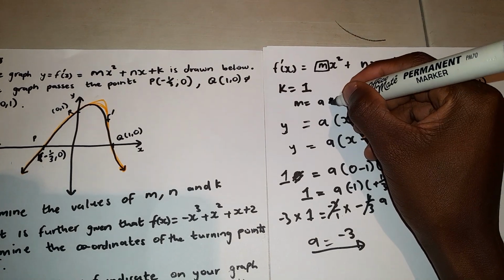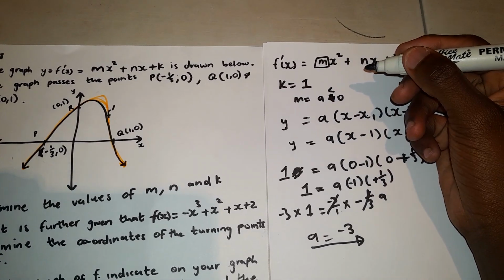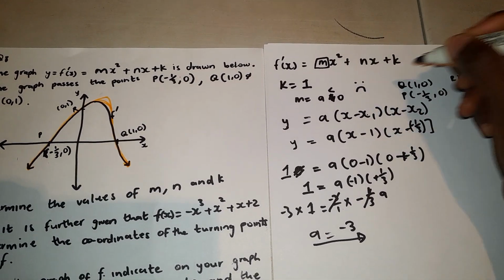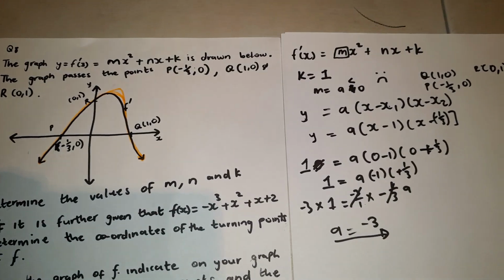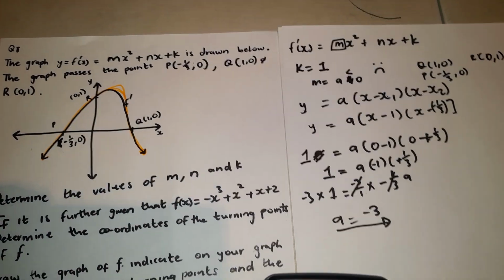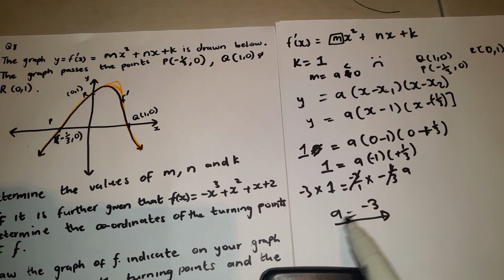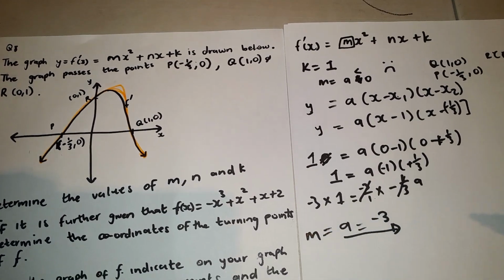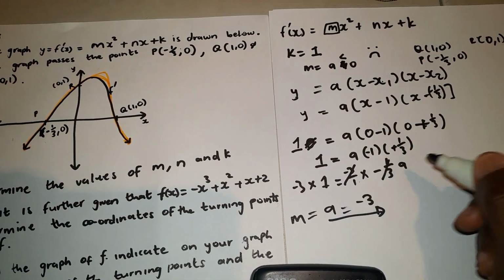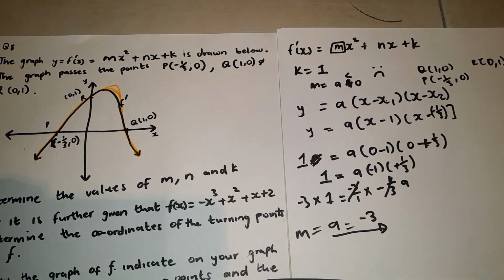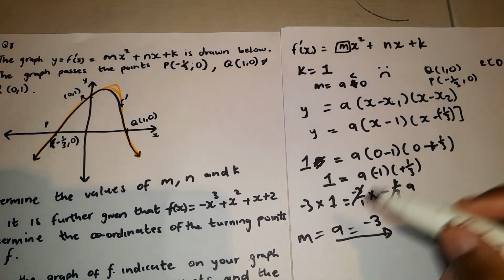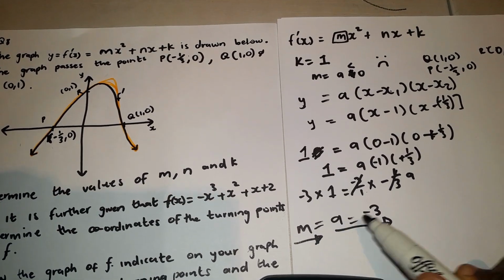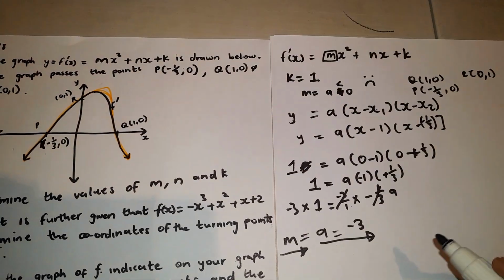Oh yeah, I made a mistake here, sorry for that. It's a sad graph, so that's why our a needs to be negative. But you understand, a is negative, so in a way our a is similar to our m. Instead of writing a, we should have just used m, but it's not a train smash, as long as at the end you point out that a equals m equals negative 3.